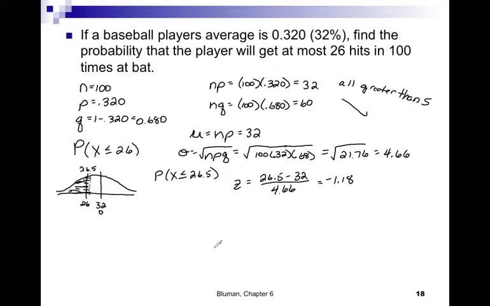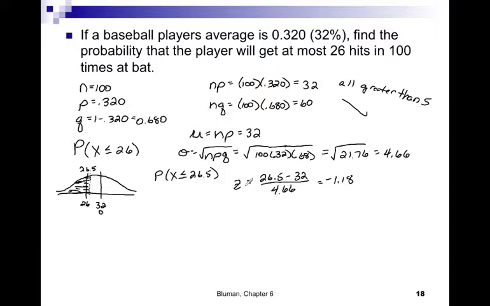Now let's look up the z-score in the back of the book. Negative 1.18 will give you the area to the left of the curve.